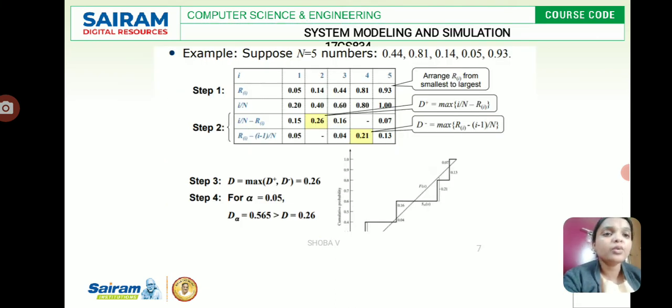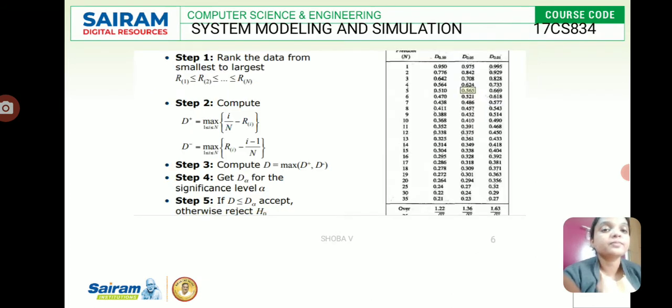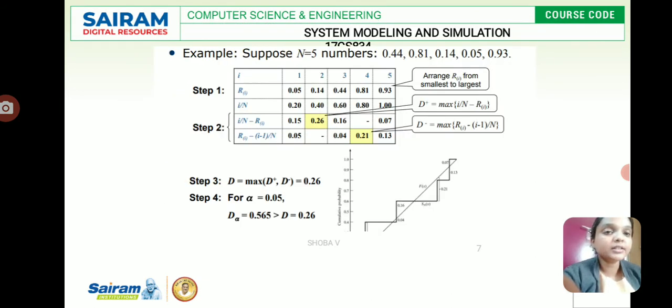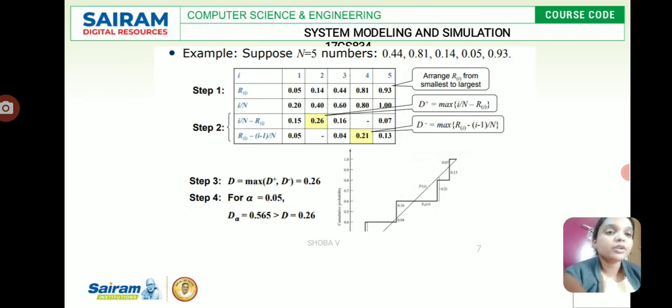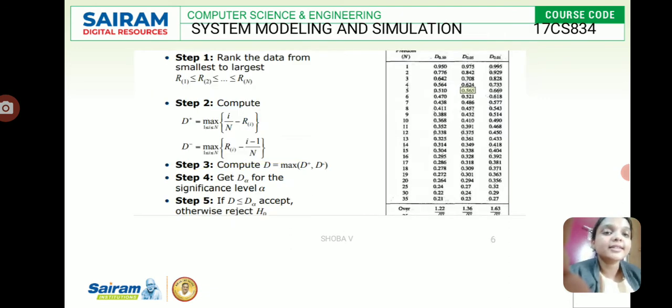Now this is the example which we have discussed previously. The same steps we are following in this. The first step here is to rank the data from smallest to largest, so we have found the small to large array. The second step is to compute the maximum of D value.